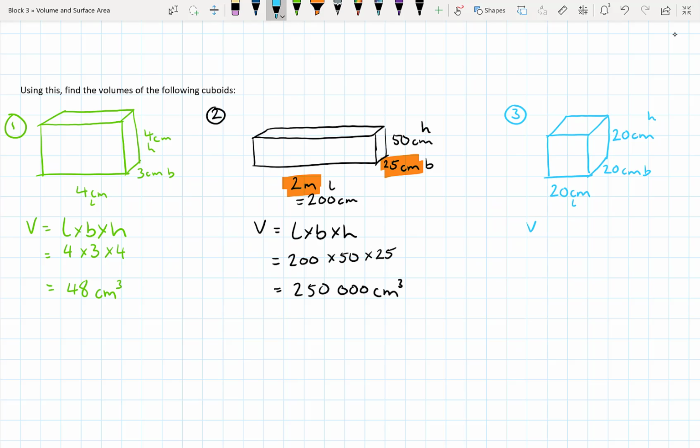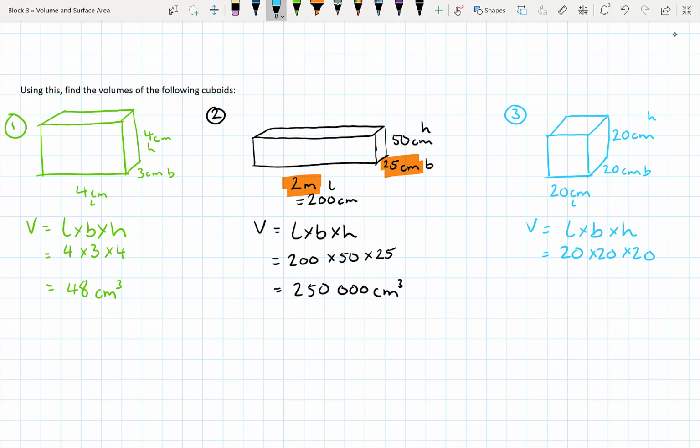Third example, we've got our length, our breadth, our height. So volume equals length times breadth times height. Underneath, I'm going to substitute in my numbers, 20 multiplied by 20 multiplied by 20. And what we find is that they're all the same, and so we've got a cube. Remember that a cube is just a special type of cuboid, in the same way that a square is just a special type of rectangle.